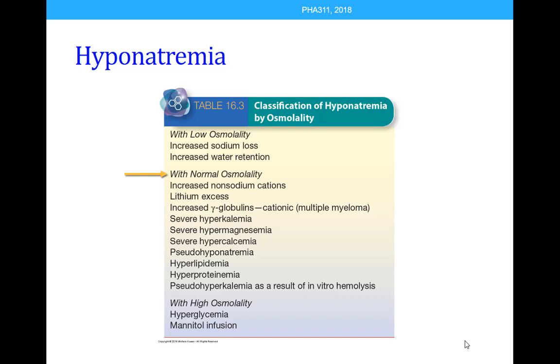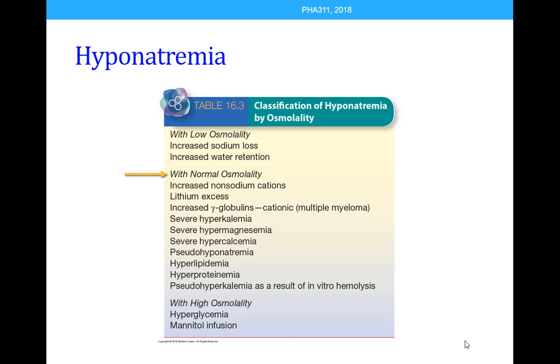Sodium has gone, but there is something else in the blood which is contributing to osmolality. Like you have extra lipids, extra proteins, extra magnesium, extra calcium there. So, in these cases, even though sodium has left the blood, the ECF, something else is making up for the osmolality. So, you can have normal osmolality, but still hyponatremia.